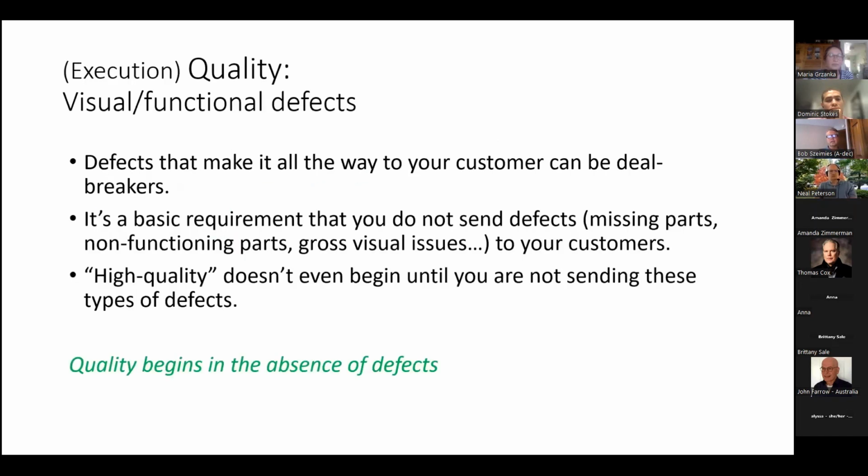Next thing related to quality is more around execution. It has to do with visual and functional defects. If you're sending me defects, like let's say clearly, it did not work, missing part, super big scratch in it, quality is not really even in the conversation anymore.